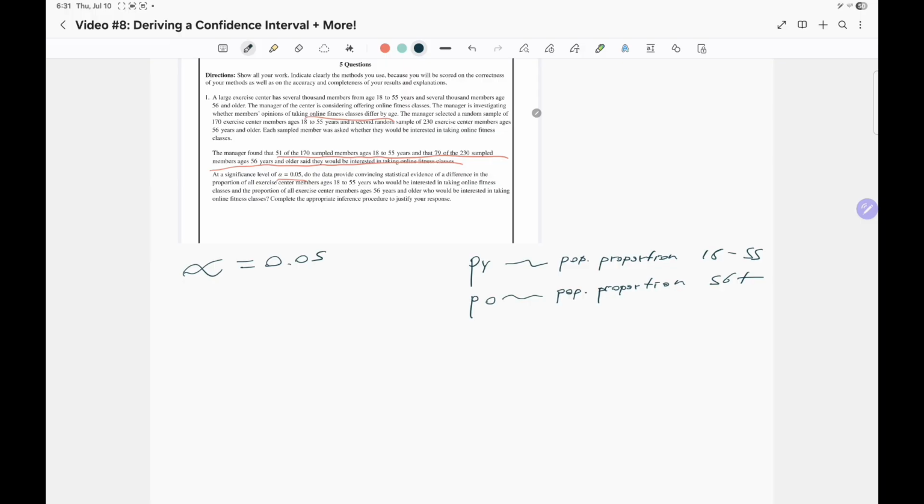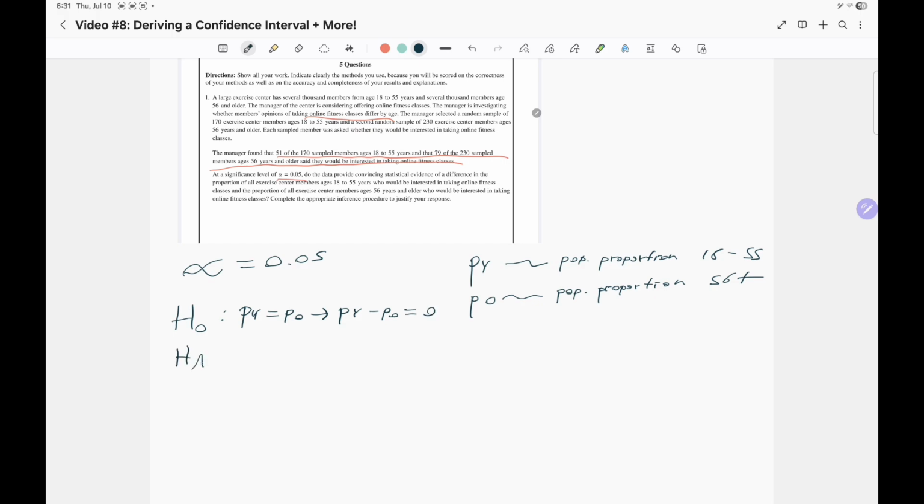Speaking of null hypothesis, what is that? Our null hypothesis here is going to be that there's no difference between the proportions. P sub y equals P sub o, or more usefully rewritten, the difference is equal to 0.